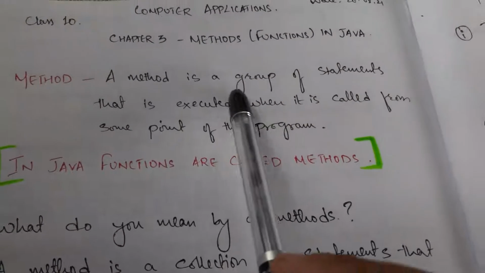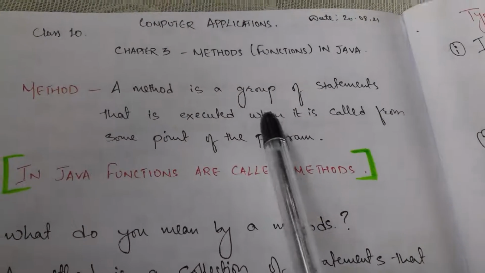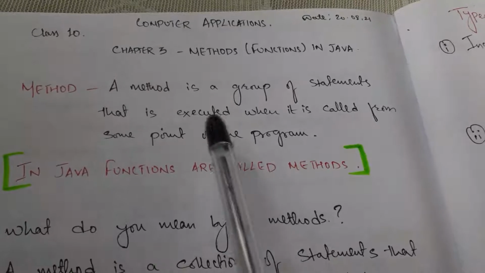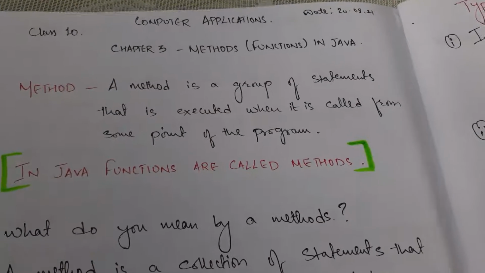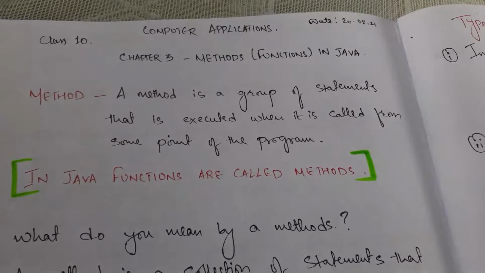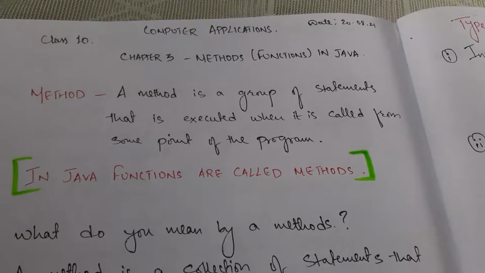A method is a group of statements that is executed when it is called from some point of the program. These are formed by the grouping of statements, and the method has to be executed when it is called from one portion of the program.